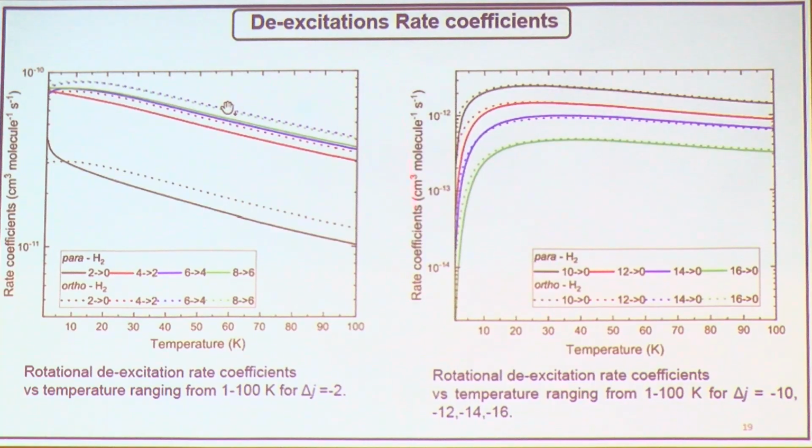And these are some results for de-excitation cross sections or de-excitation rate coefficients for both ortho and para hydrogen collision with the C5 molecule for delta J equal to -2, and this is for delta J equal to -10.